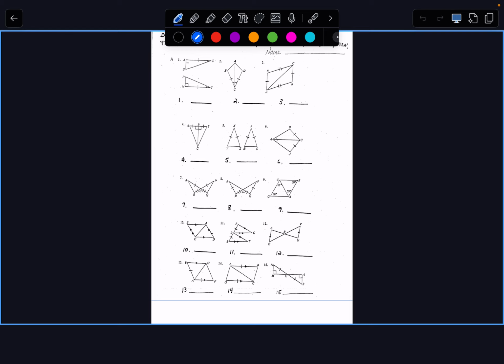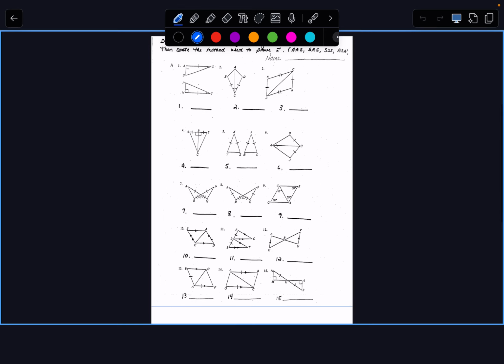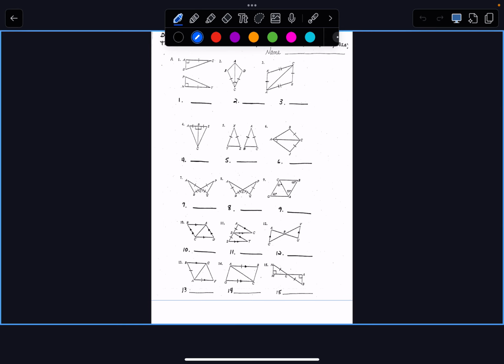Now, what I'm going to do is I am going to ask, don't worry about writing triangle ABC is congruent to triangle DEF. The only thing I want you to do is write a yes or no, and if it's yes, then give me SSS, or any of these up here.